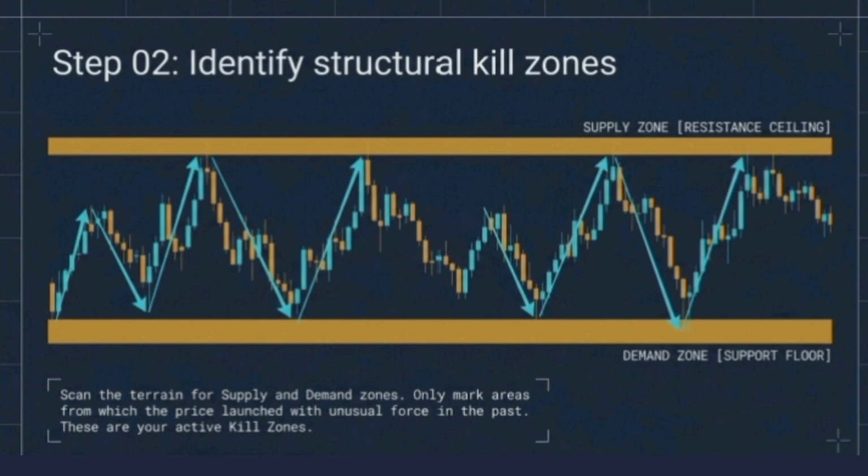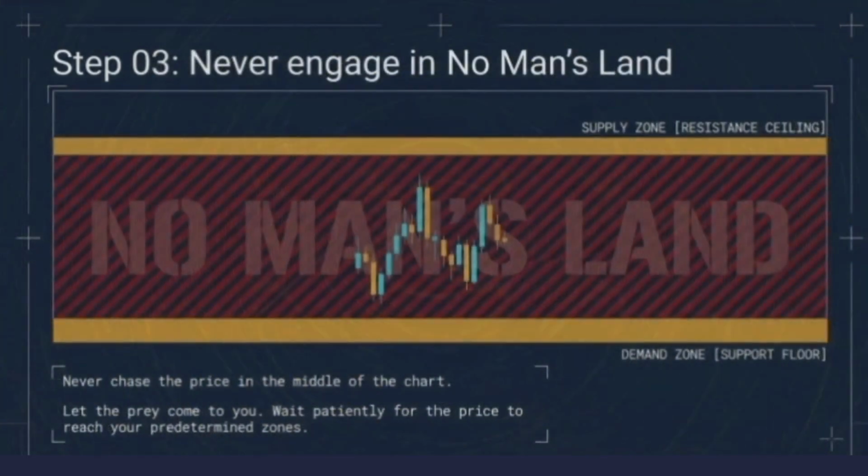Let's dig into the mechanics of why that origin point is so magnetic. If an institution wanted to buy a massive block of Bitcoin 3 weeks ago, let's say at $60,000, they likely couldn't get their entire order filled at that exact price, right? Right, because of the slippage we talked about. Yeah, the sheer size of their buying pressure caused the price to explode upward before all their orders were even executed. Exactly.